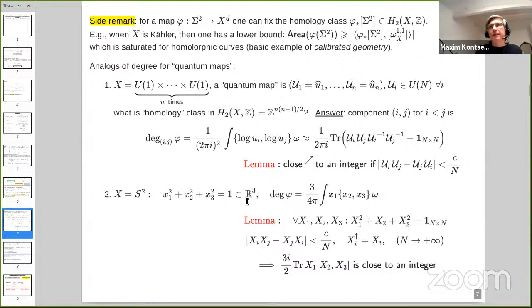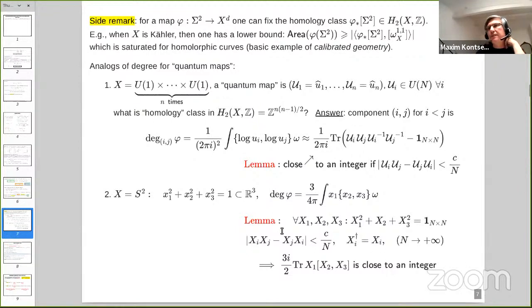Another example is when the target is a sphere. So in R3, I write the equation: the sum of squares of three variables is equal to 1. The degree of the map, with the standard area element on the sphere, is given by this integral. I just consider the identity map from the sphere to itself, which should have degree 1, and then you get exactly this thing. Now there is a bit of a non-trivial lemma.